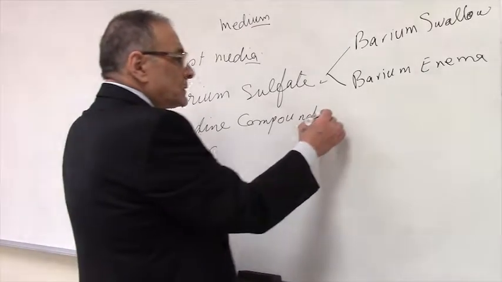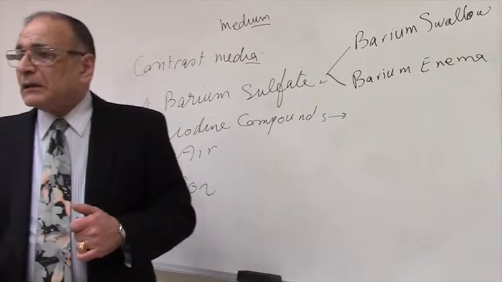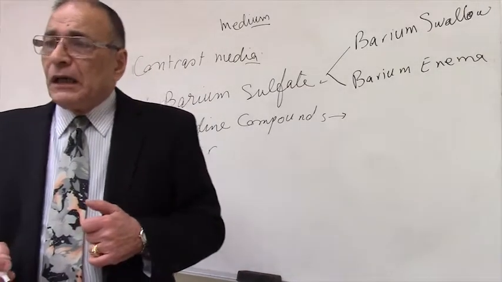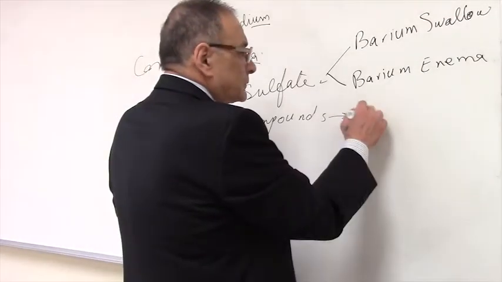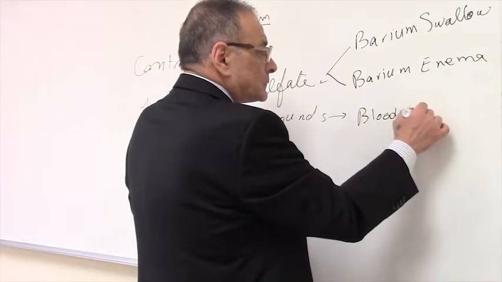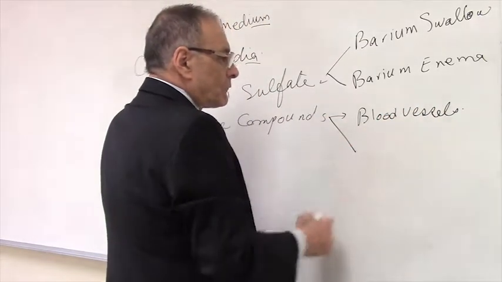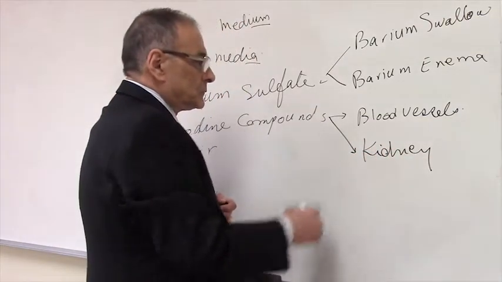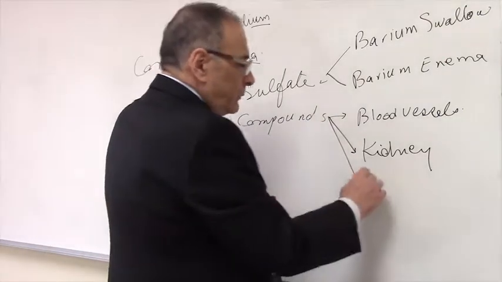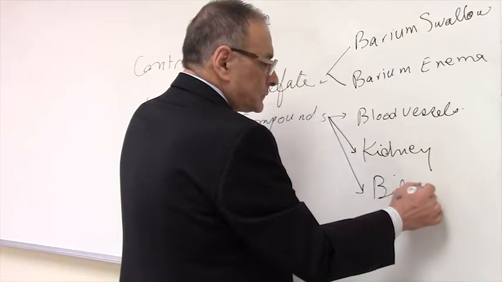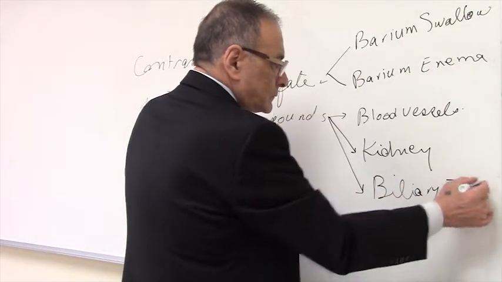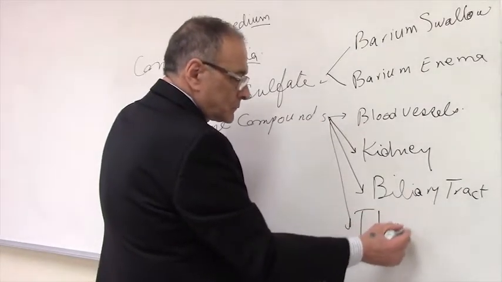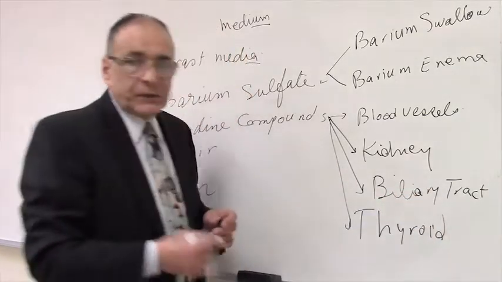How about iodine compounds? Iodine compounds come in the form of tablet or intravenous injection, and are used to see the blood vessels, kidney, and biliary tract, and for thyroid function.